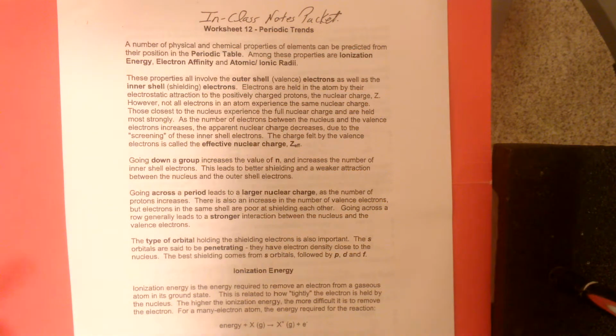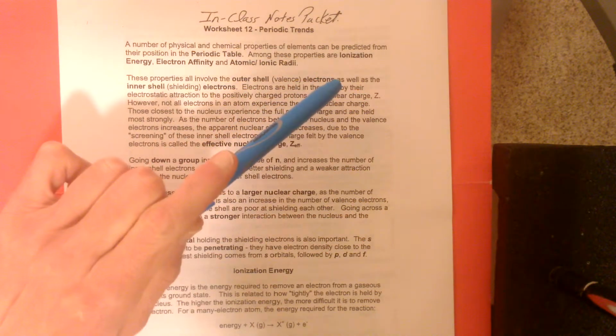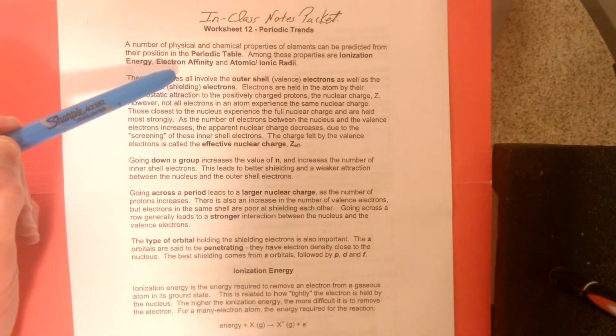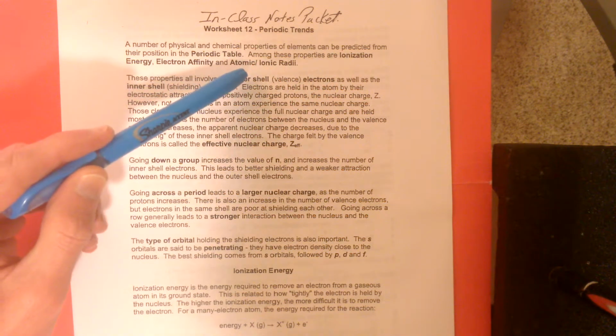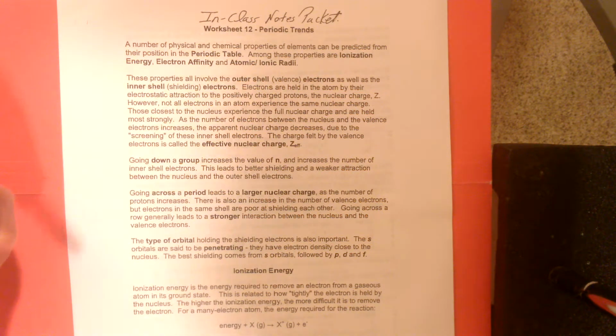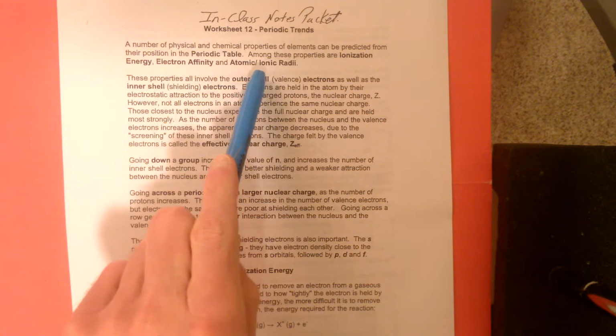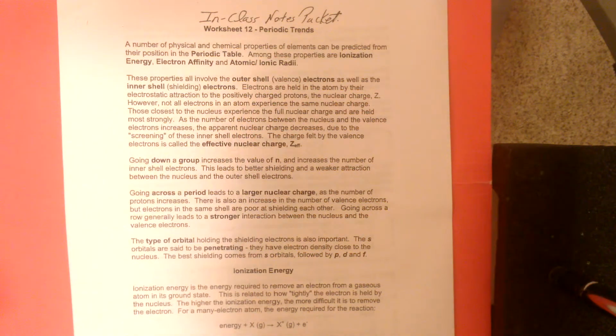So the periodic trends I'd like for us to look at are ionization energy, electron affinity, and then atomic or ionic radii. Okay? First I would like to start with atomic radii, then we'll move from there.